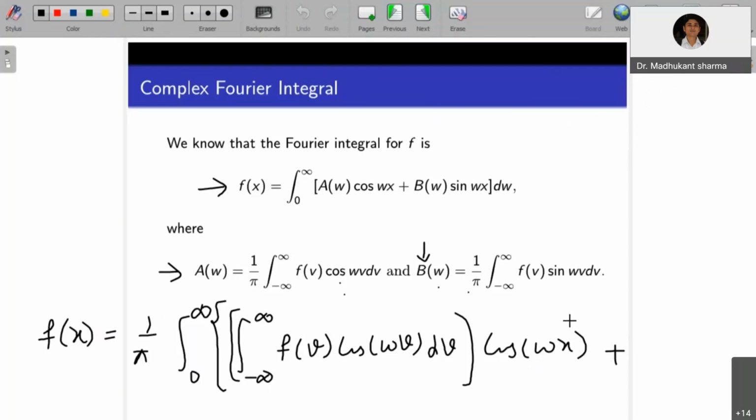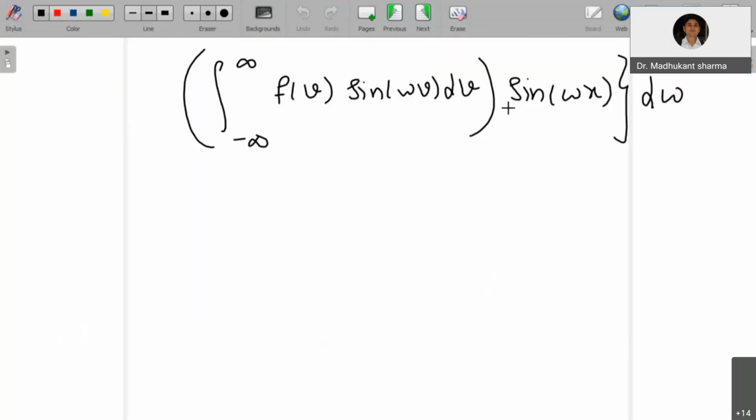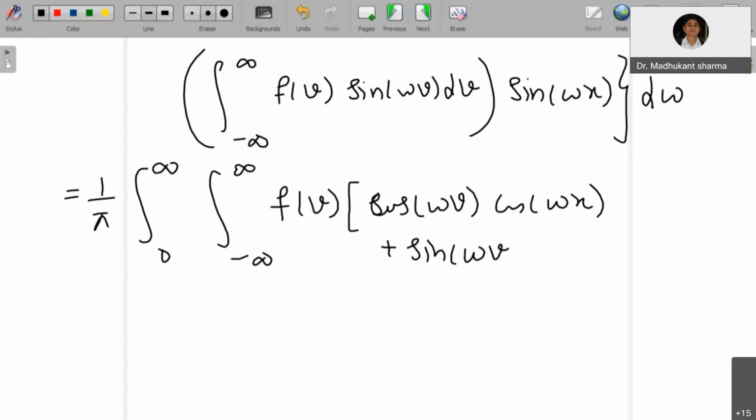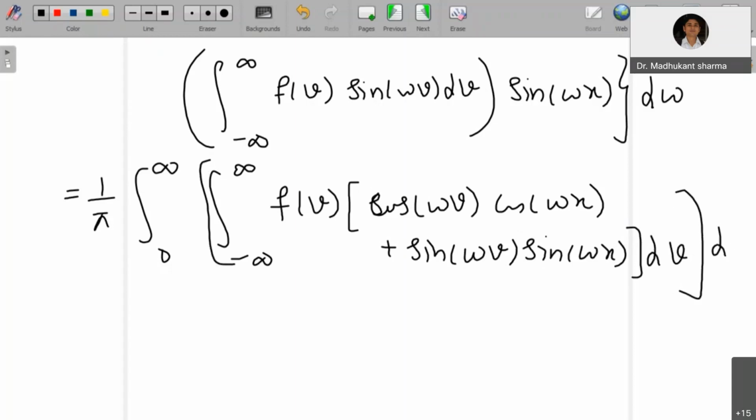Since this is independent of these, I can take them inside, and what you can rewrite is 1 upon pi integration 0 to infinity, integration minus infinity to infinity f of v times cos of wv cos of wx plus sine of wv sine of wx, dv dw.